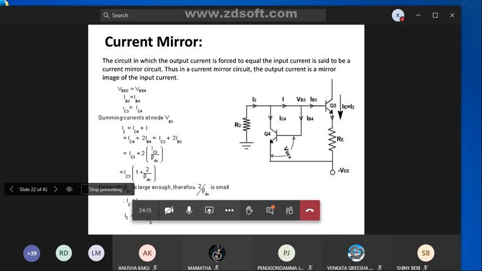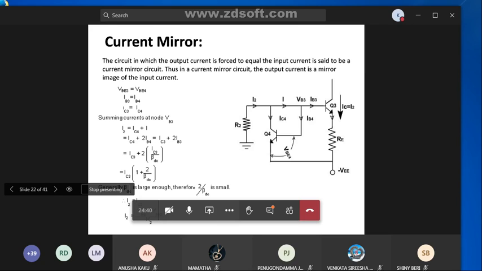For Q3, the voltage between base and emitter is VBE3, and VBE4 is the voltage between base and emitter of transistor Q4. These two transistors must have the same characteristics, then only the output current will be equal to the input current.